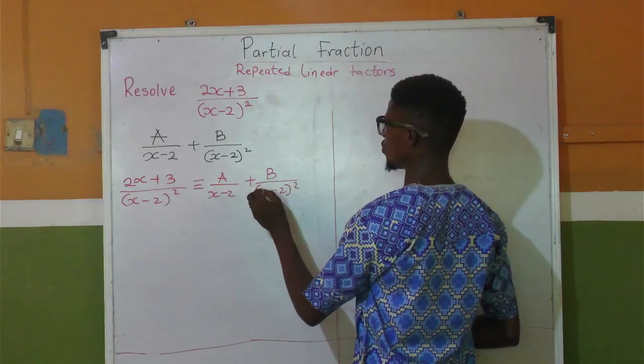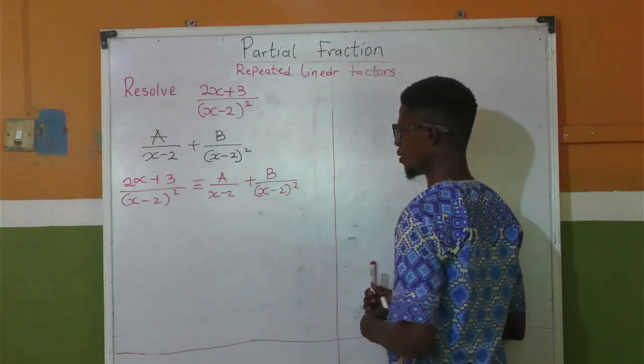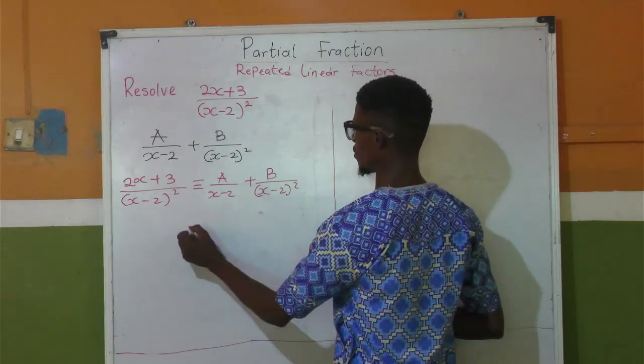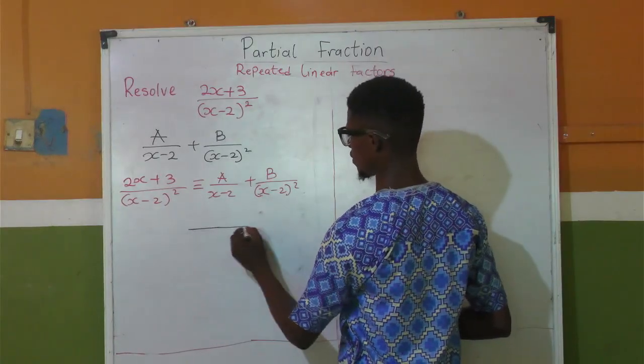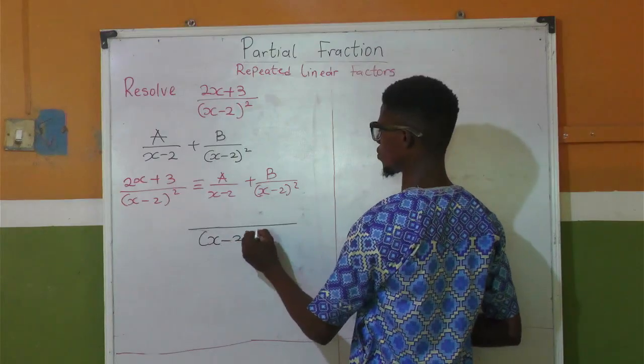Like we usually do, we'll solve for the right hand side. We find the LCM. We definitely know that (x minus 2) squared is going to be the LCM of this particular expression.